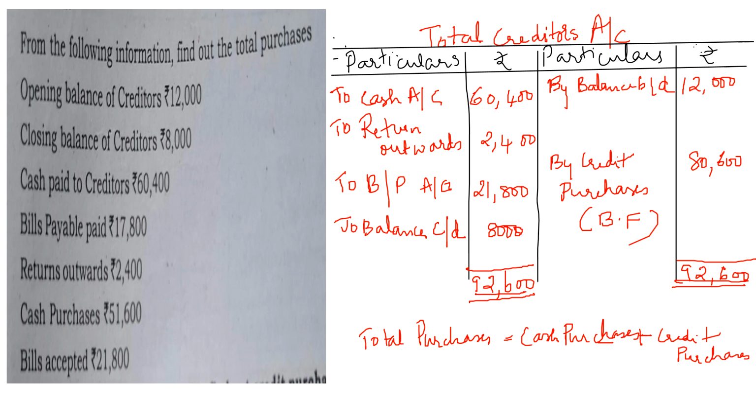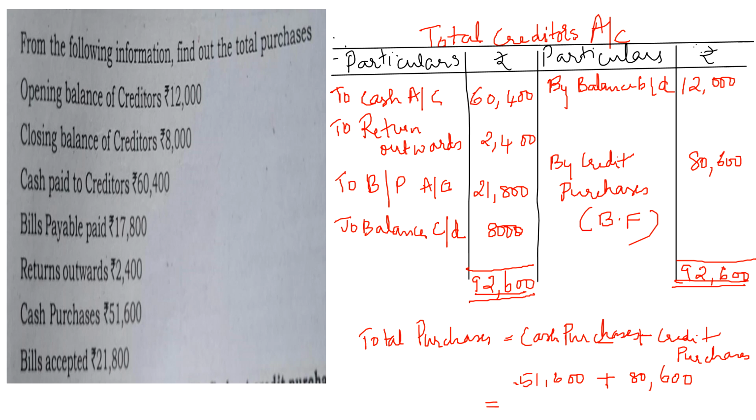Okay. Now cash purchases is given in the question there. Cash purchases is 51,600. Okay, cash purchases from the question 51,600 plus your credit purchases, the balancing figure you just got in solving the total creditors account, that is 80,600. So your total purchases is how much?